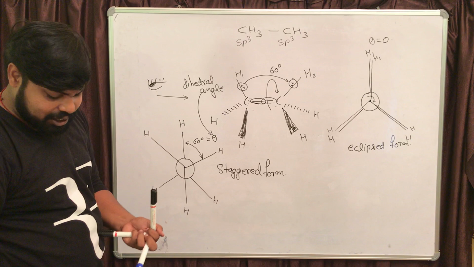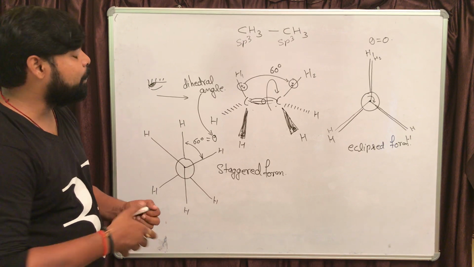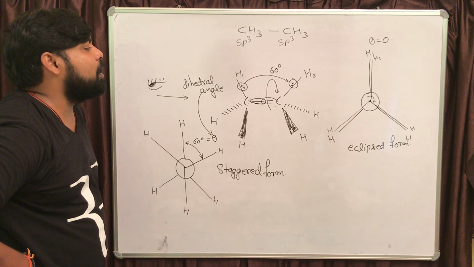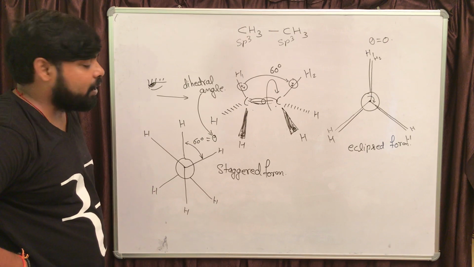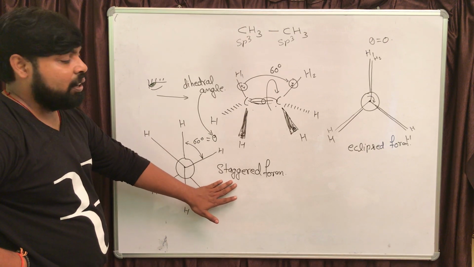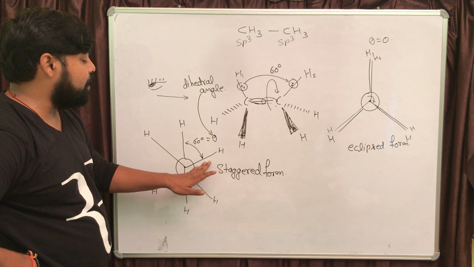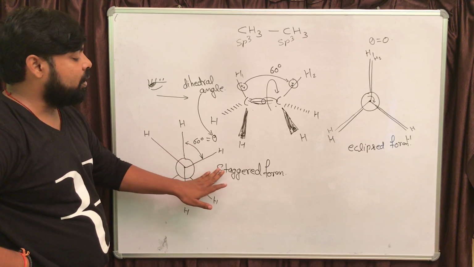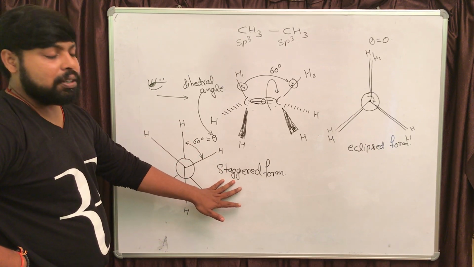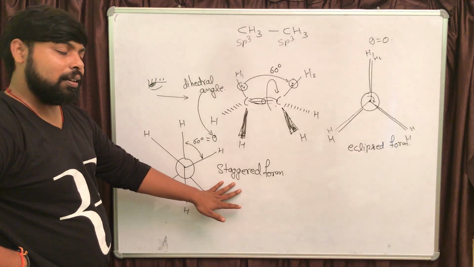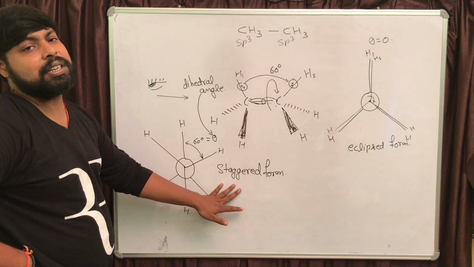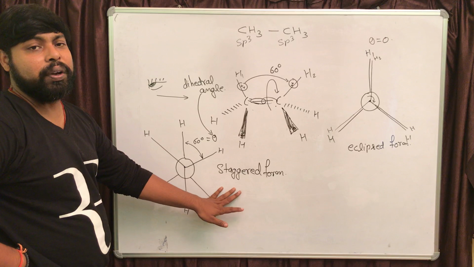So again the distance is going to decrease. So the maximum distance between bond pairs can be obtained only in the staggered form. And if it has the maximum distance between two bond pair electrons, repulsion will be minimum and energy also going to be minimum. So the stability of staggered form is going to be more.